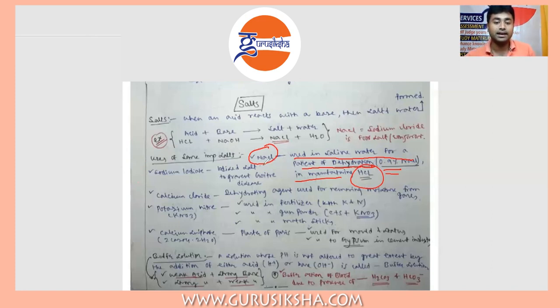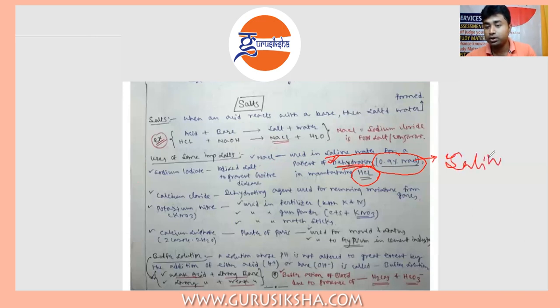That is NaCl. So that's why saline water is used for a patient with dehydration, and in the manufacturing of HCl. 0.9% NaCl is present in saline water.